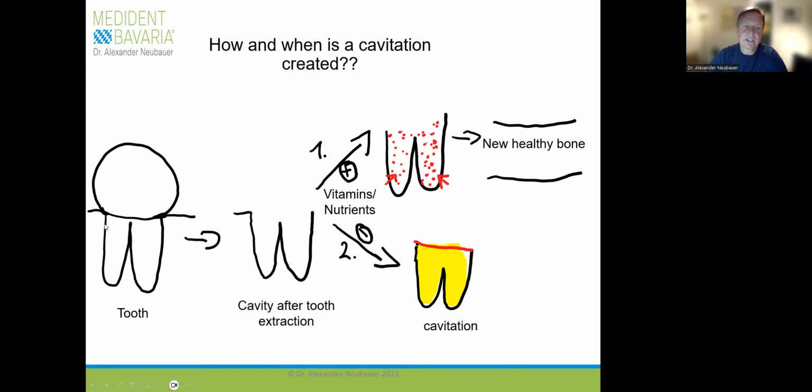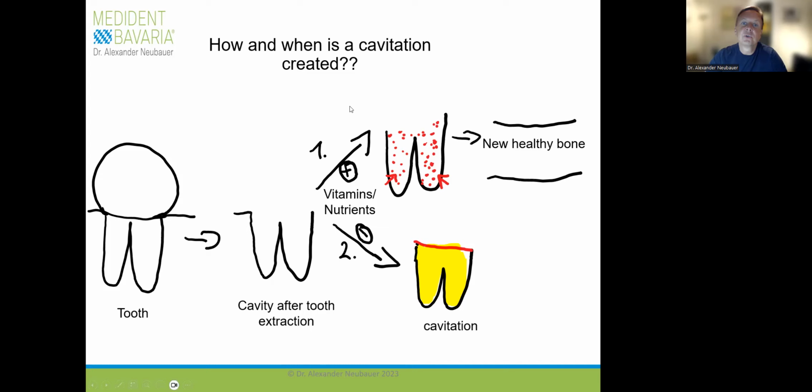On the left side, I painted for you a tooth, and if we extract the tooth, you can imagine that inside the jawbone, there will be a hole. The hole is there where the roots of the former tooth have been. So after each tooth extraction, and that's natural, you will have a hole in your jawbone.